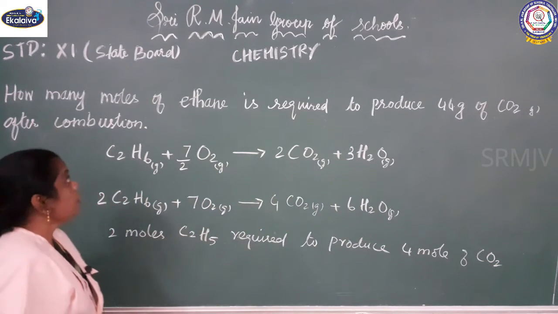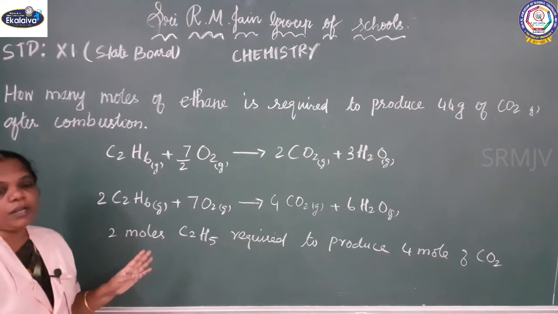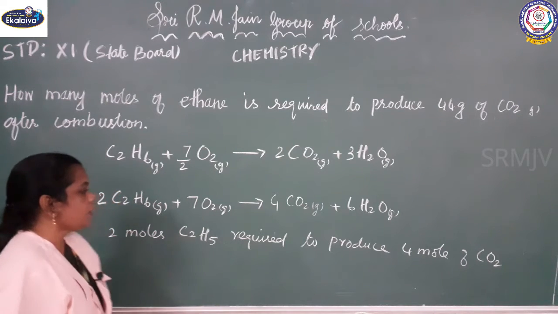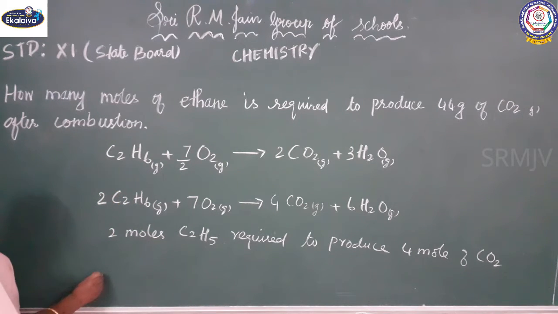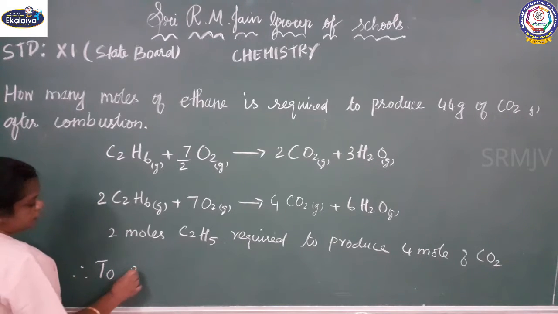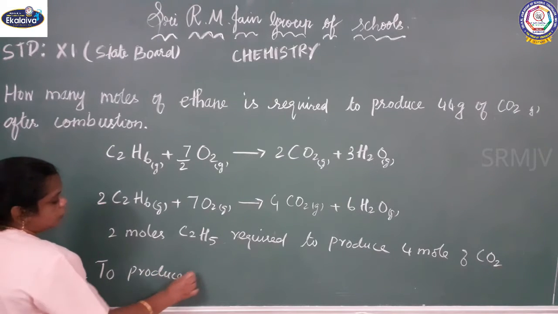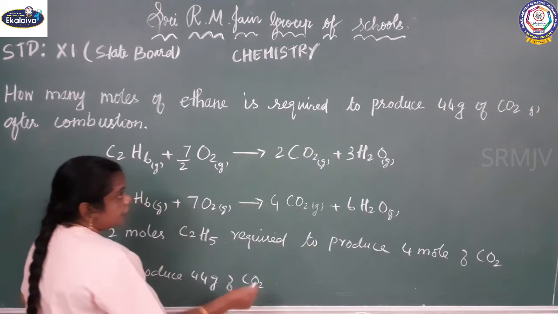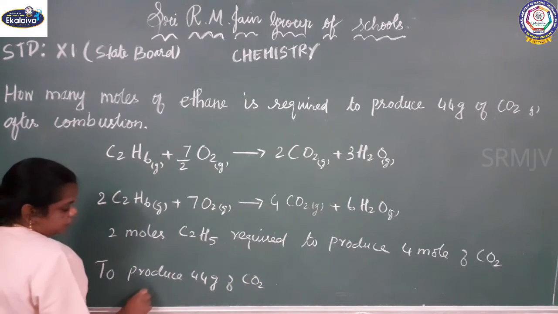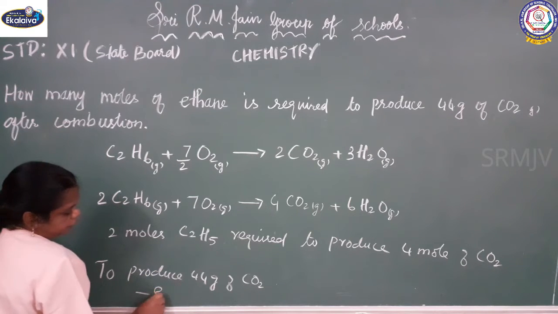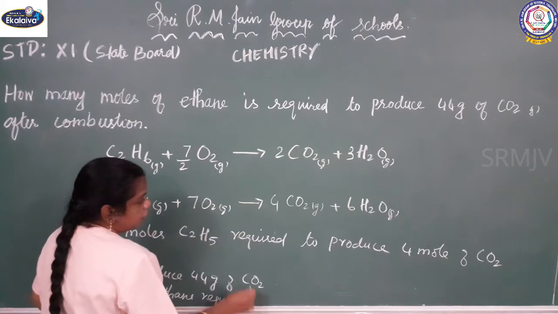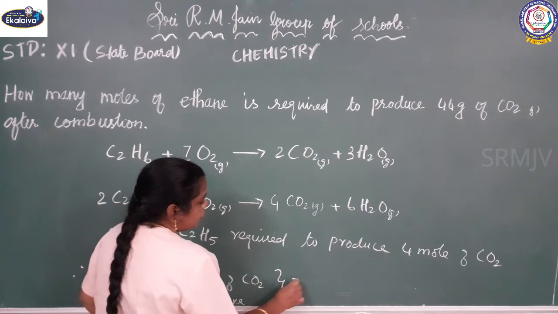Now we want to find the number of moles of ethane required to produce 44 gram of carbon dioxide. So what is that?